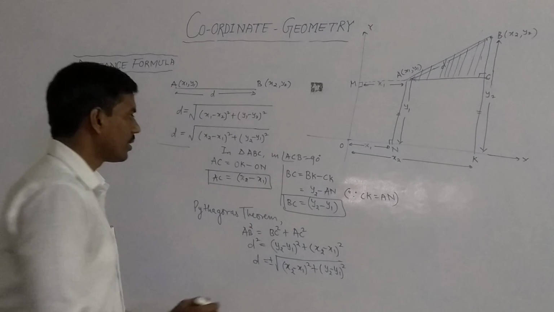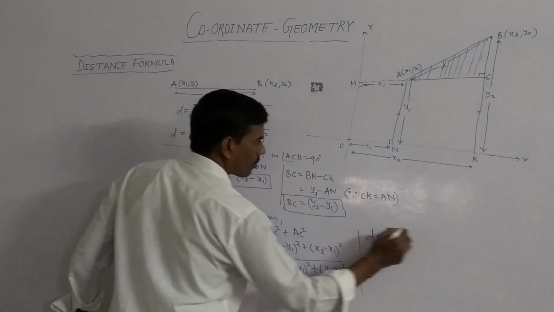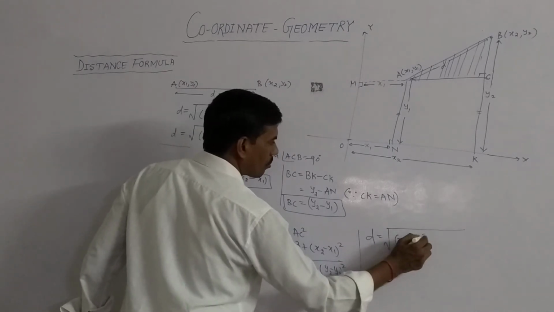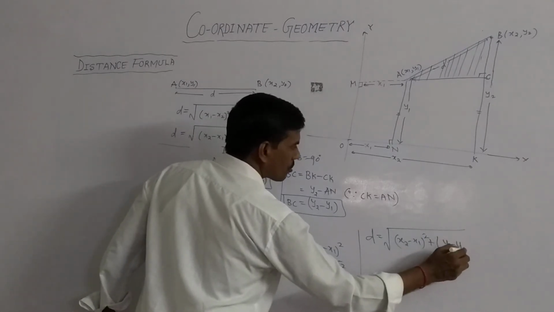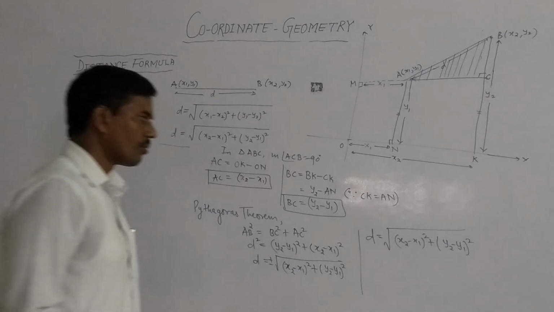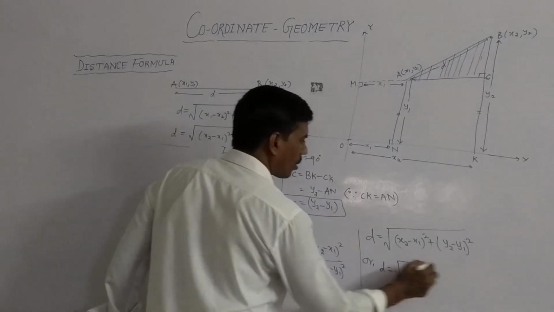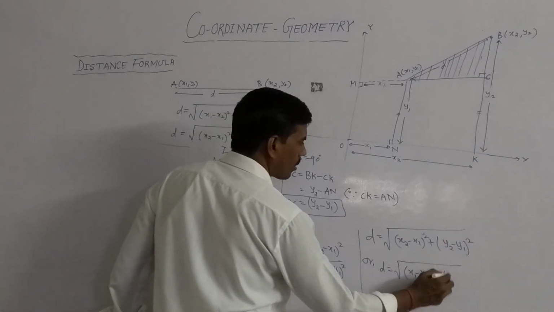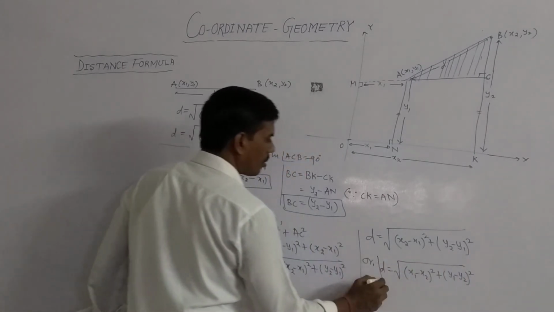So D is equal to under root of X2 minus X1 to the whole square plus Y2 minus Y1 to the whole square. Clear? Or you can write D is equal to under root of X1 minus X2 to the whole square plus Y1 minus Y2 to the whole square.